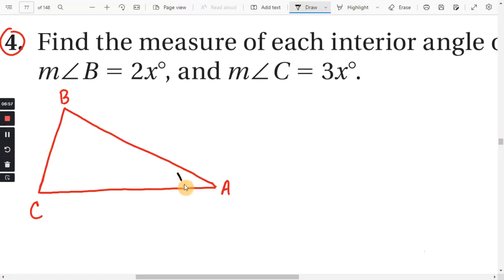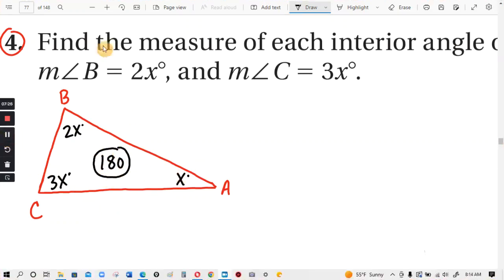They said angle A was x, angle B was 2x, and angle C was 3x. All right, so we know the angles inside of a triangle add up to 180. So I suggest you add those three angles, set them equal to 180, solve for x, and plug it in.